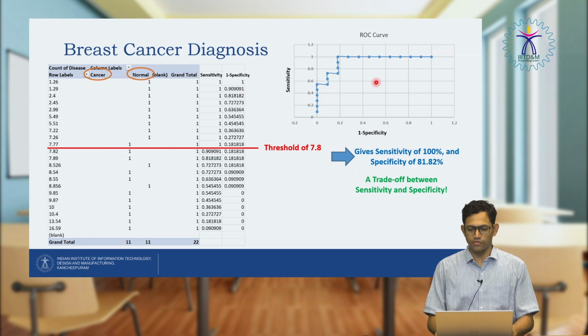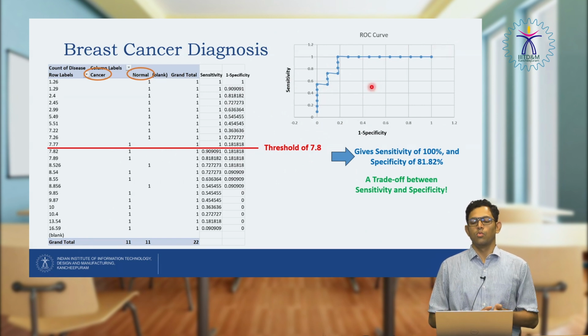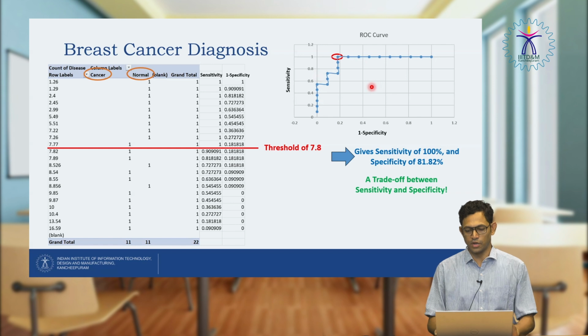Now from this ROC curve itself, I can find the best sensitivity and specificity. For example, I will always choose this point, because after it there is a drop in sensitivity. This point gives a sensitivity of 100% and a specificity of 81.82%.